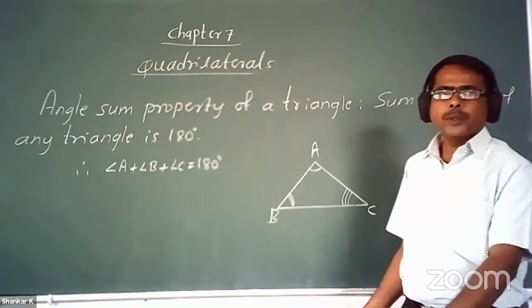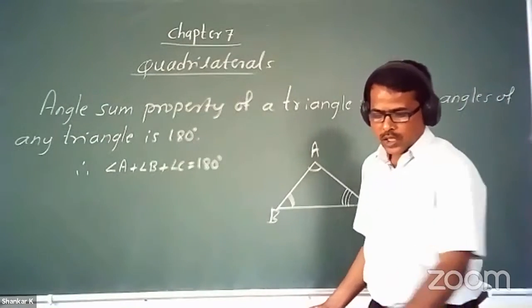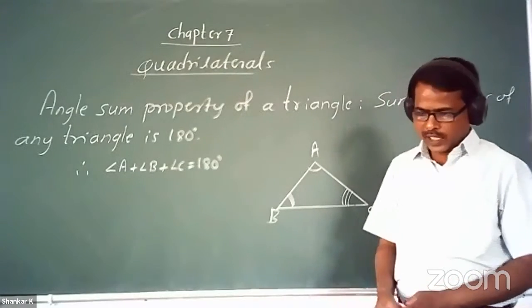This is called the angle sum property of a triangle. Similarly, the angle sum property of a quadrilateral. What is the sum of the angles of a quadrilateral?